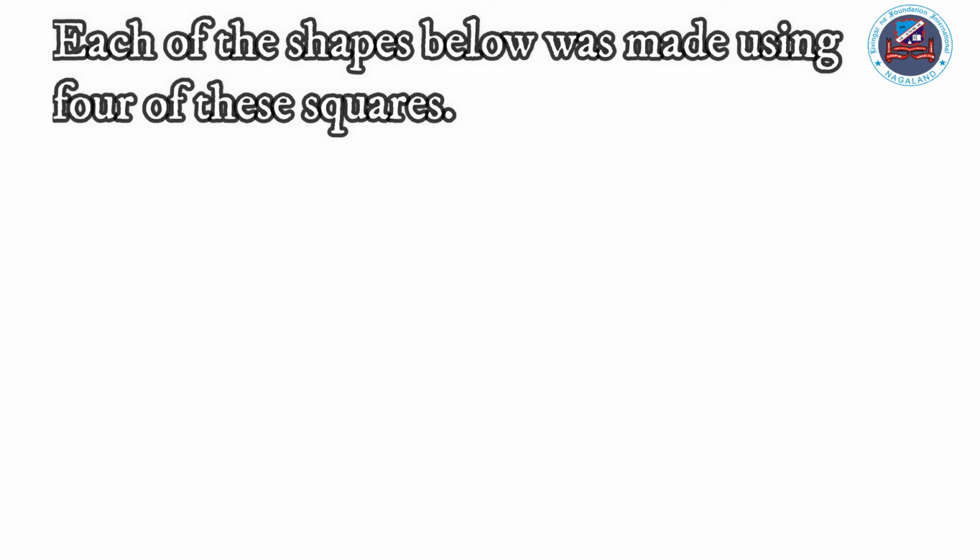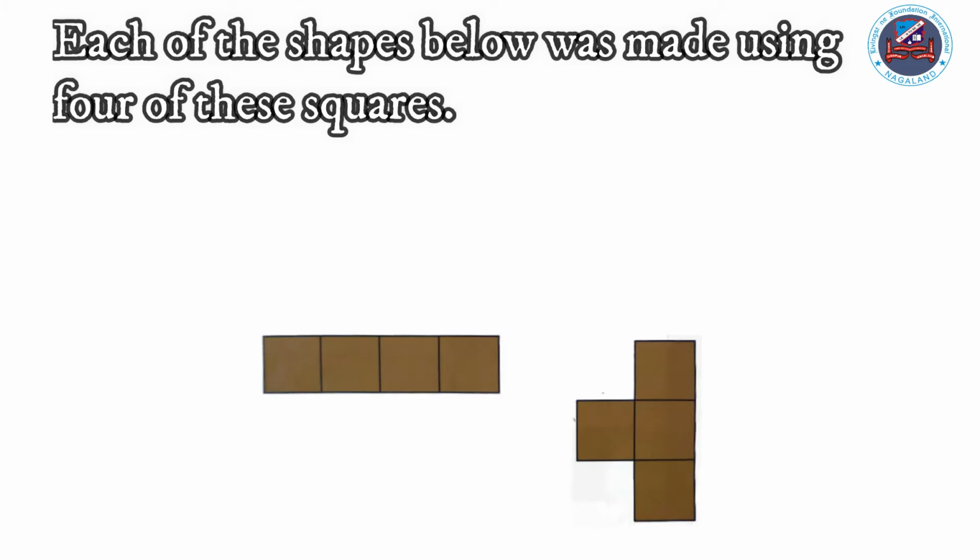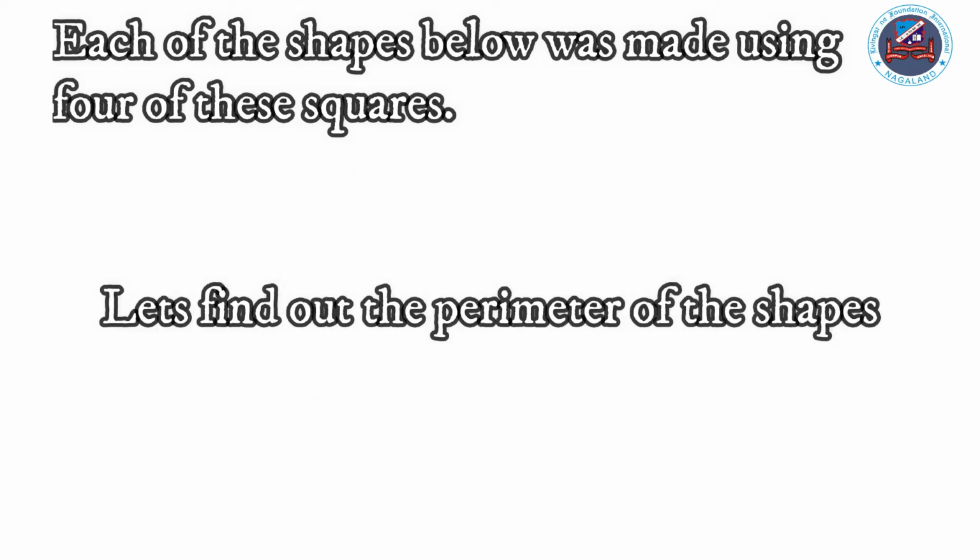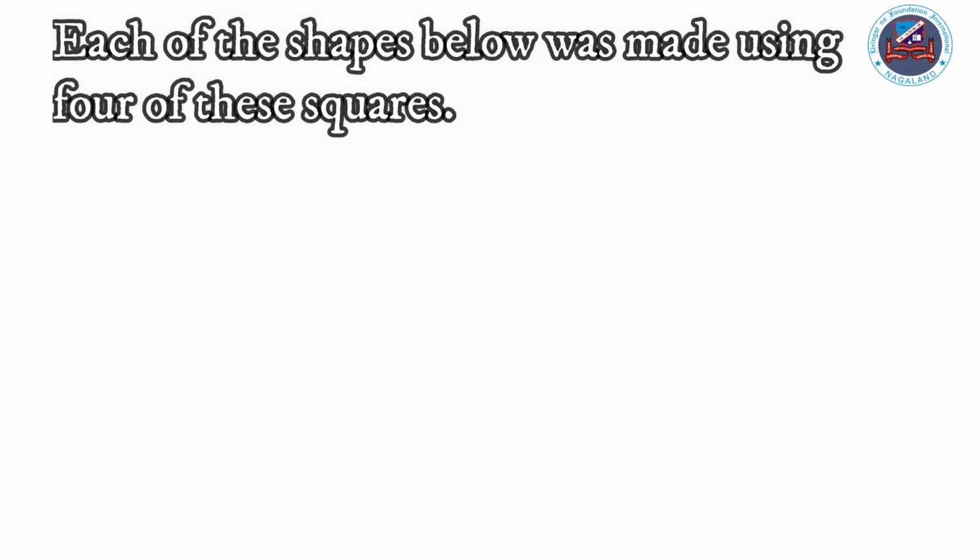Now, let's try out these questions from your exercise. It says, each of the shapes below was made using 4 of the squares, and each of the squares is of 5 centimeters. So let's find out the perimeter of the shapes.